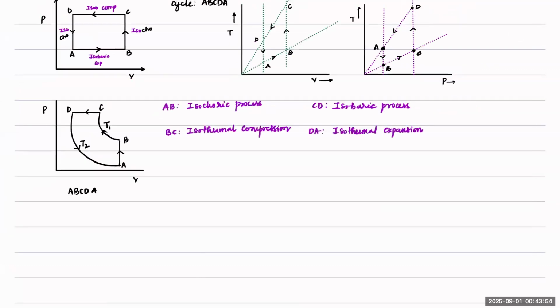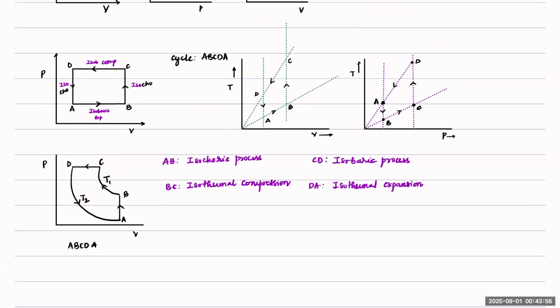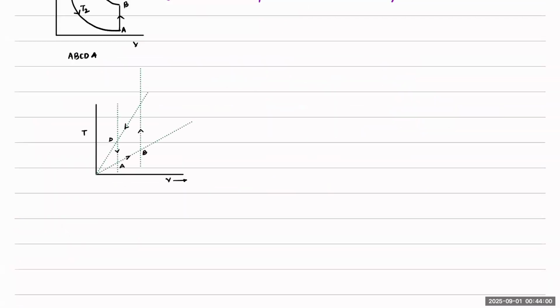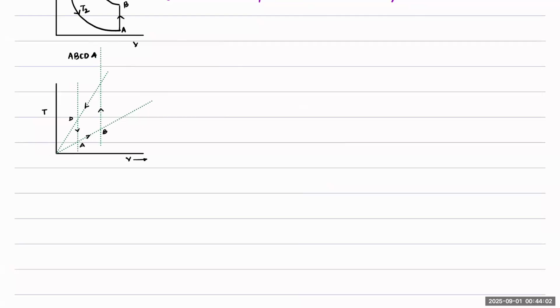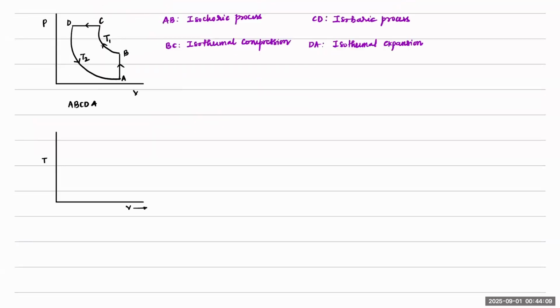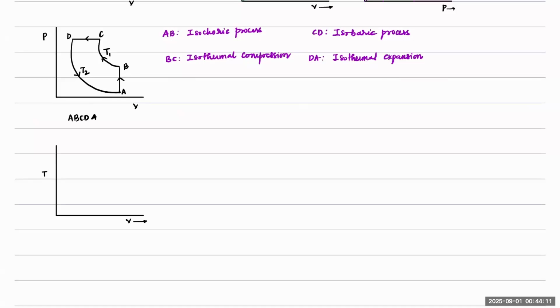Let us do the same graph transformation once again. So let me just copy this one. For this, I'm trying to make a graph transformation between T and V. How does the graph change? Let's see. Starting from A to B, it has to be isochoric process.